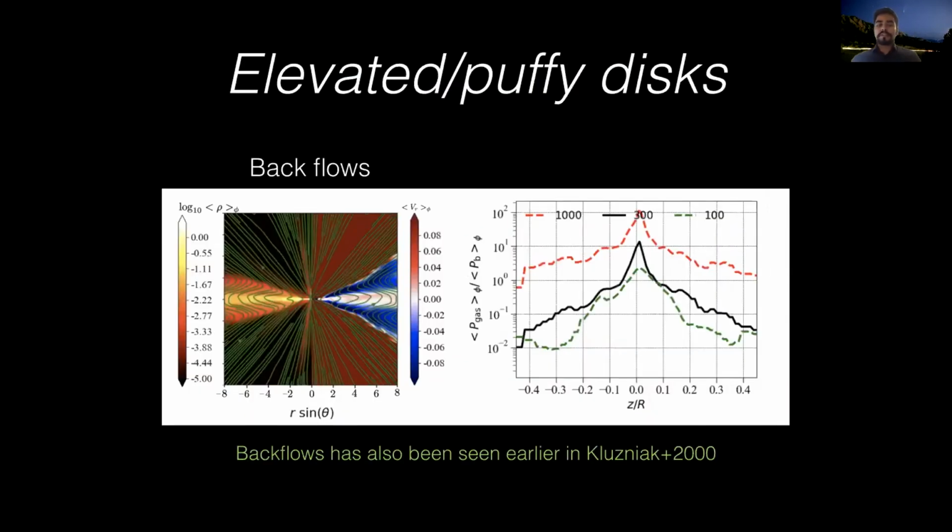What we found was very intriguing. On the left-hand plot, what you are seeing is phi-averaged density on the left half and the radial velocity on the right half. The blue region here is showing the flow is moving inwards. The red one is showing it's moving outwards. The left-hand side is, again, just density.